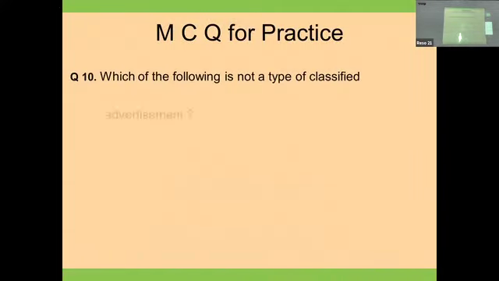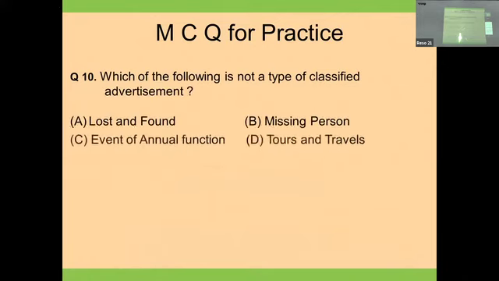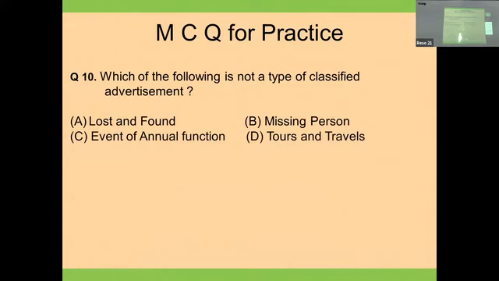Which of the following is not a type of classified advertisement? Lost and found, missing person, event of annual function, tours and travels. Yes? C is not a type of classified advertisement.